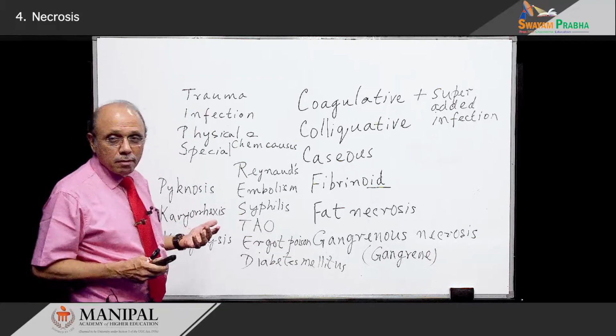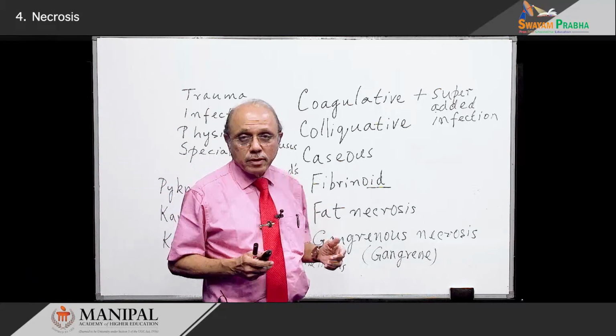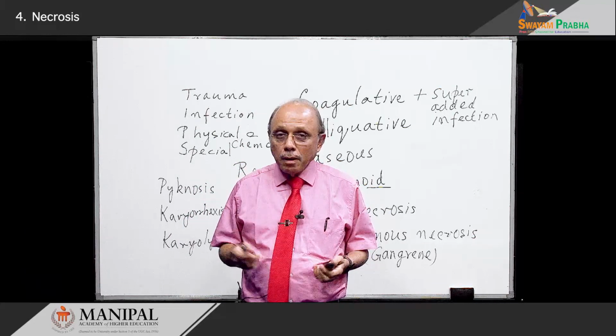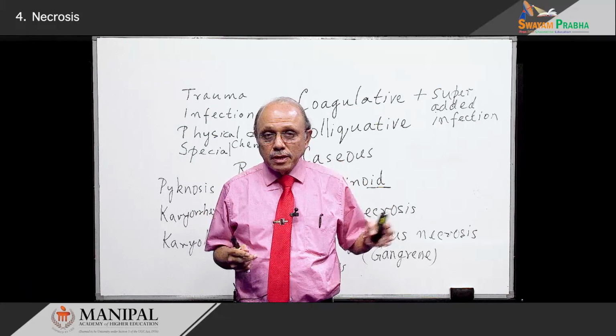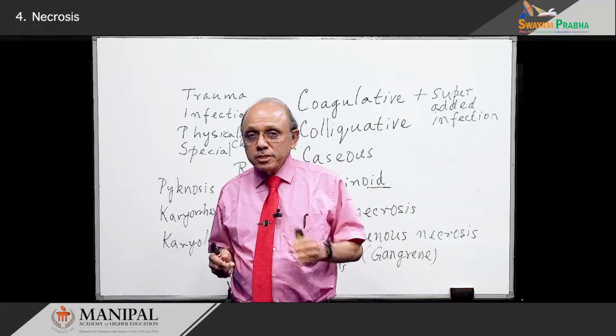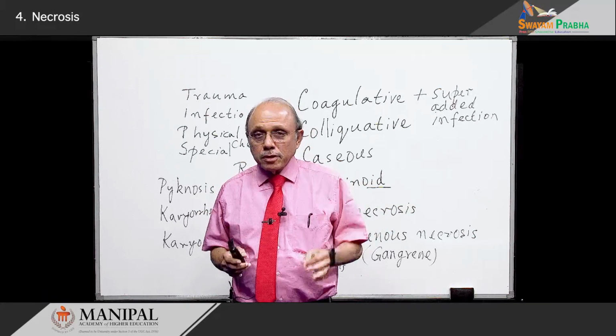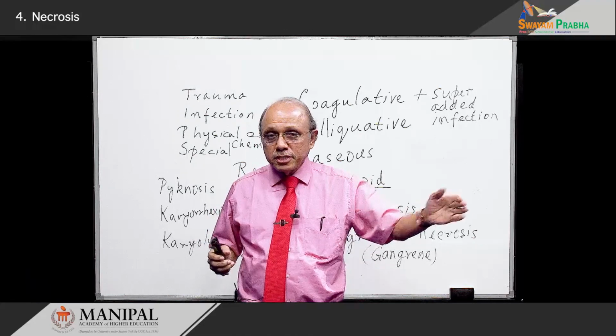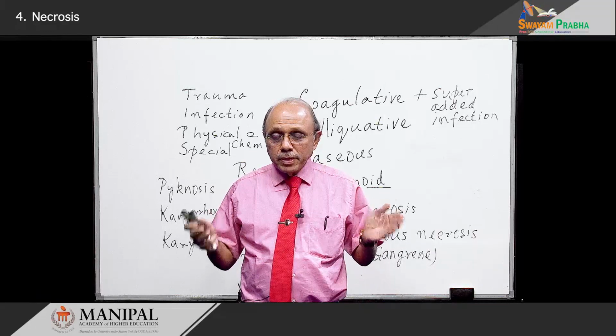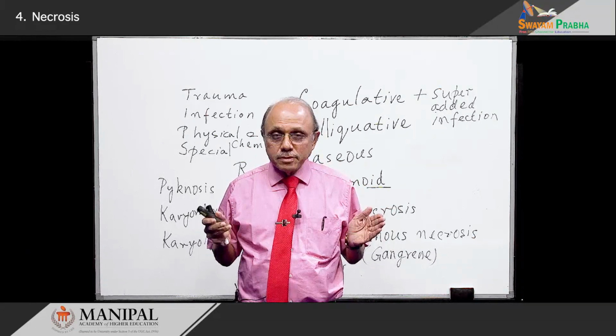You will have several more areas to look at as far as necrosis is concerned. But most important is the fact that no matter what the condition is, the basic pathologic process that underlies all the clinical conditions I spoke about is necrosis.